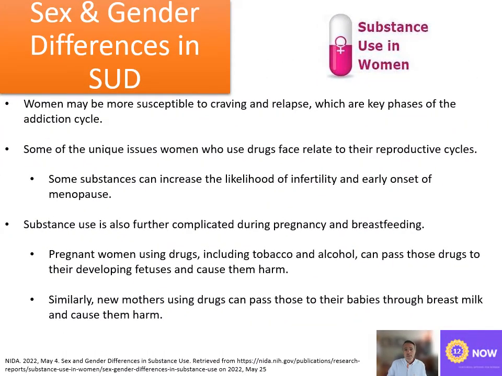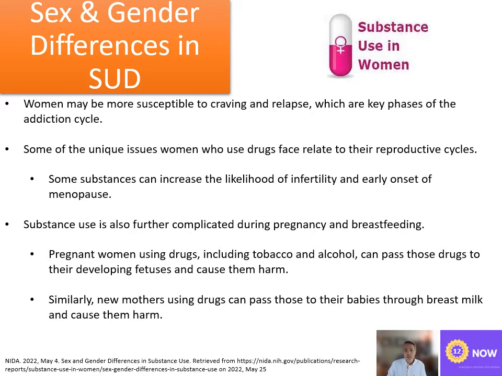When it comes to substance use disorders, women tend to be more susceptible to craving and return to use, two of the key recurring phases in the addiction cycle. Due to their reproductive cycles, women also have unique issues such as infertility and early onset menopause that are linked to drug and alcohol misuse. This misuse is further complicated during pregnancy and breastfeeding.